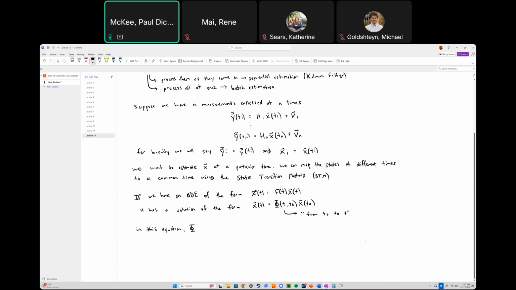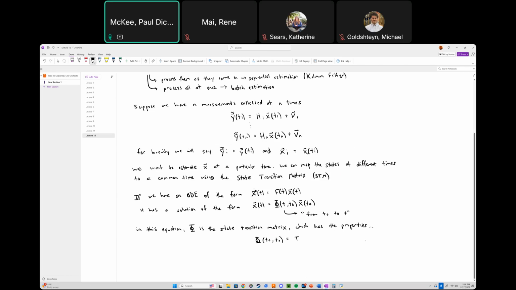Okay. In this equation, phi is the state transition matrix, which has the properties, and hopefully it makes sense, that phi with no gap in time, which is to say initial time to initial time, ought to do nothing, right?